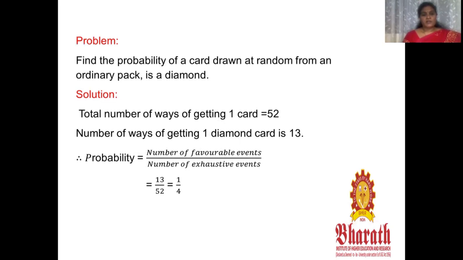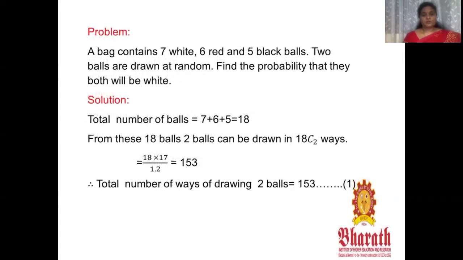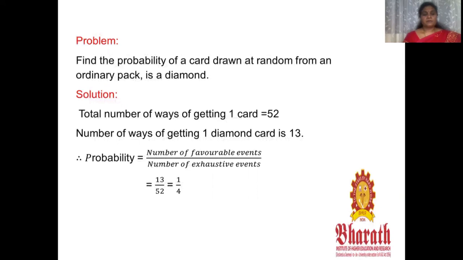Totally there are 13 diamond cards, so the number of ways of getting one diamond card is 13. So the probability is number of favorable events divided by number of exhaustive events, which is equal to 13 by 52, equal to 1 by 4.